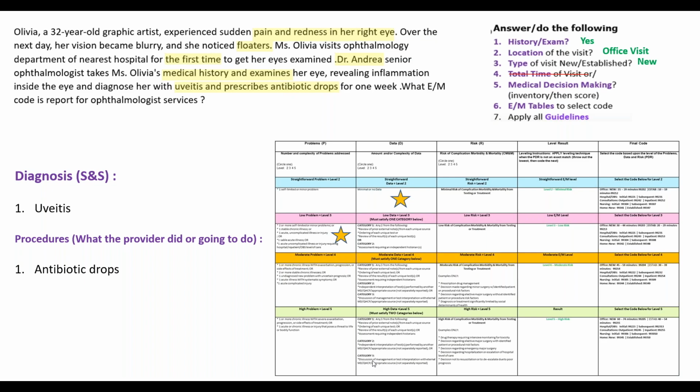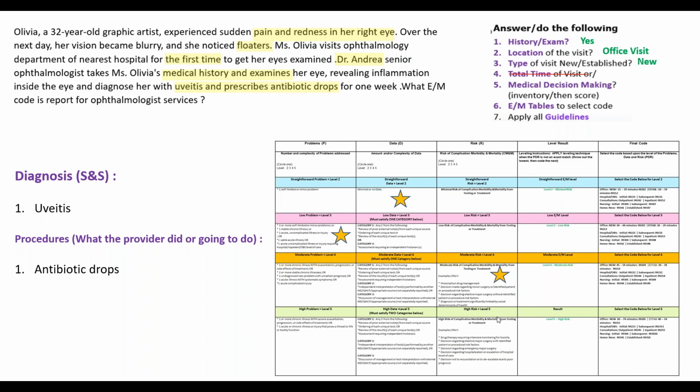And risk, what's the risk here? Yes, an antibiotic drop was prescribed, and that would be prescription management and a moderate risk. So are you getting that? How I picked a moderate risk?